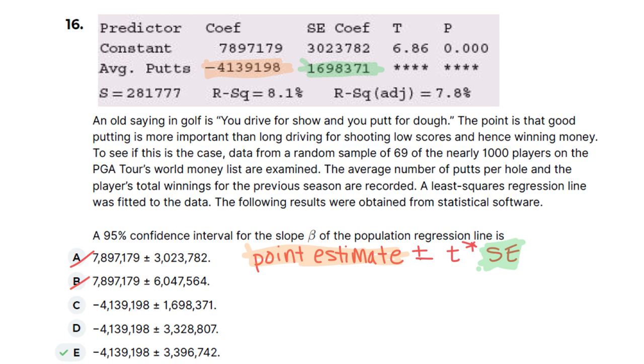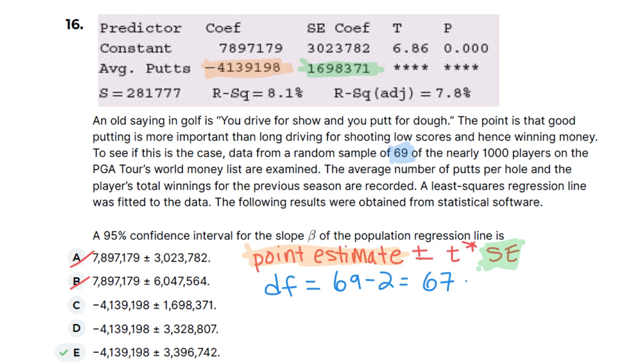You're going to have to figure out degrees of freedom here. So our degrees of freedom, our sample size was found right here. So 69 out of nearly 1,000 players. So our degrees of freedom, remember, is going to be n minus 2, since this is two variables, x and y. So degrees of freedom is actually going to be 67.